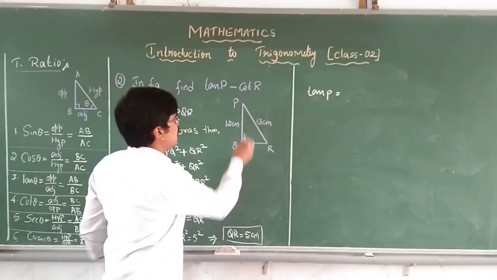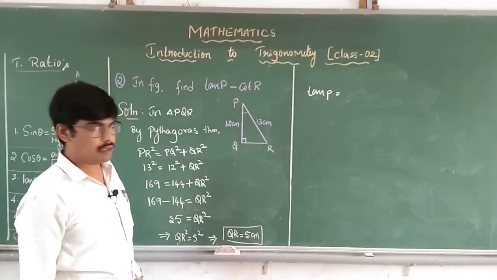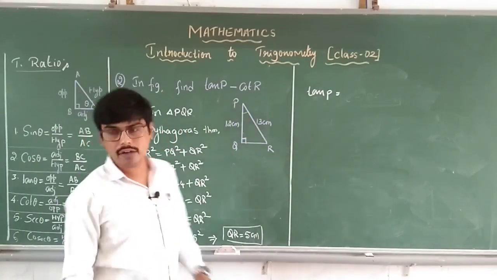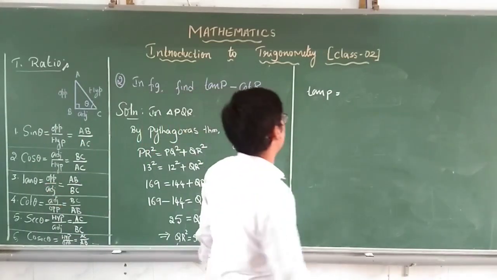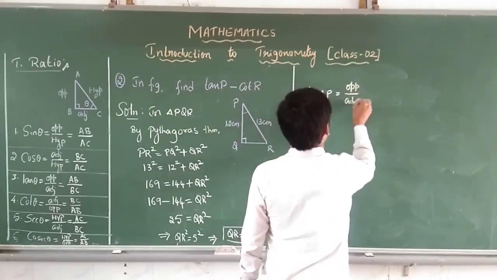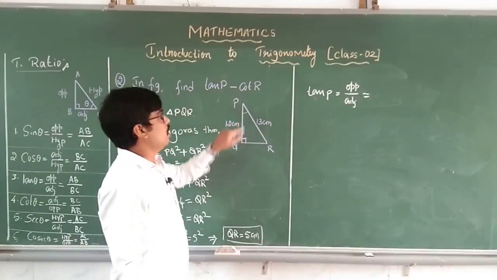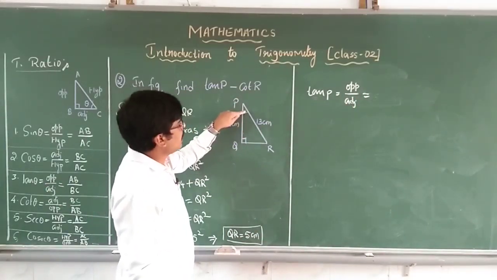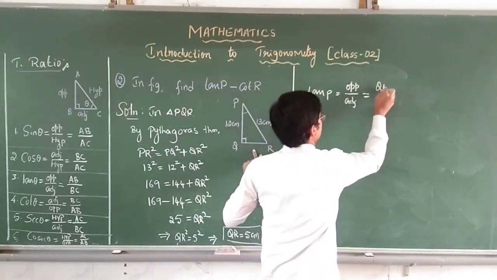Treat this as the acute angle. What is tan P? Tan is the ratio of opposite to adjacent. If I take P as the acute angle, which is the opposite side? The side opposite to the acute angle, that is QR, will become the opposite side.